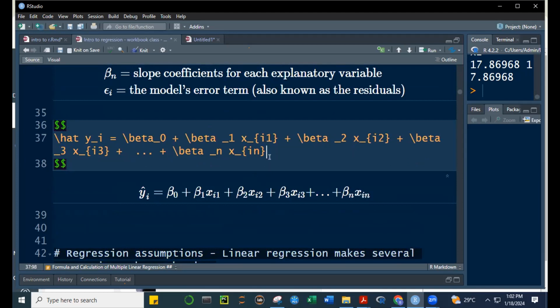All right, so take a look at this, class. As I was saying, this value here, your beta null, beta 1 times x1, beta 2 times x2, etc., is your predicted value.